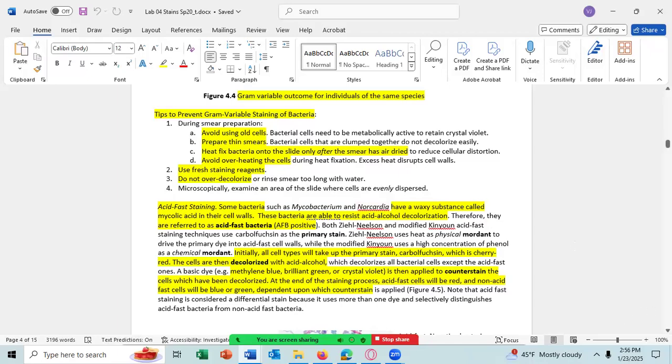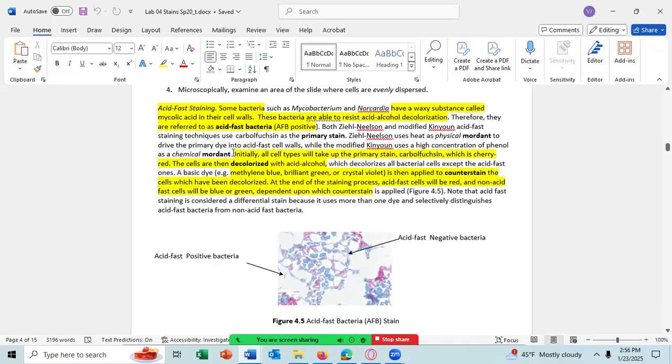All right. The other differential stain we're going to briefly talk about is the acid-fast stain. Some bacteria, namely the cells in the Mycobacteria family or the genus Nocardia, have a waxy substance called mycolic acid in their cell walls. Particularly the Mycobacterium have a lot of mycolic acid in their cell wall.